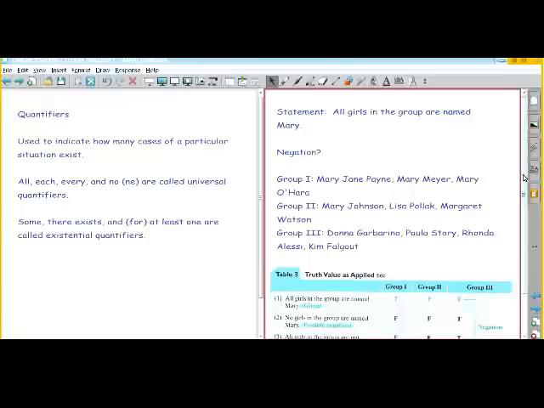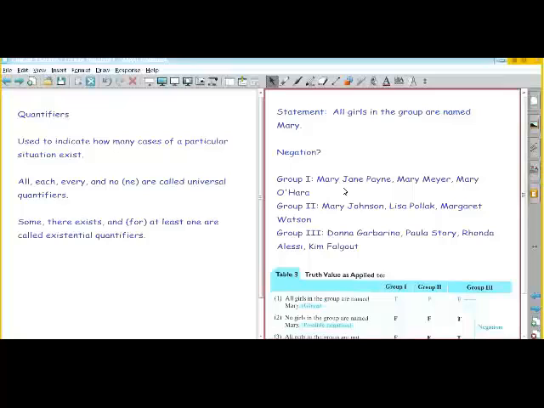What we're going to do is look at the original statement, and look at whether these three groups agree with the statement or don't agree with the statement. If they do, then we say it's true. If it doesn't agree, we say it's false.